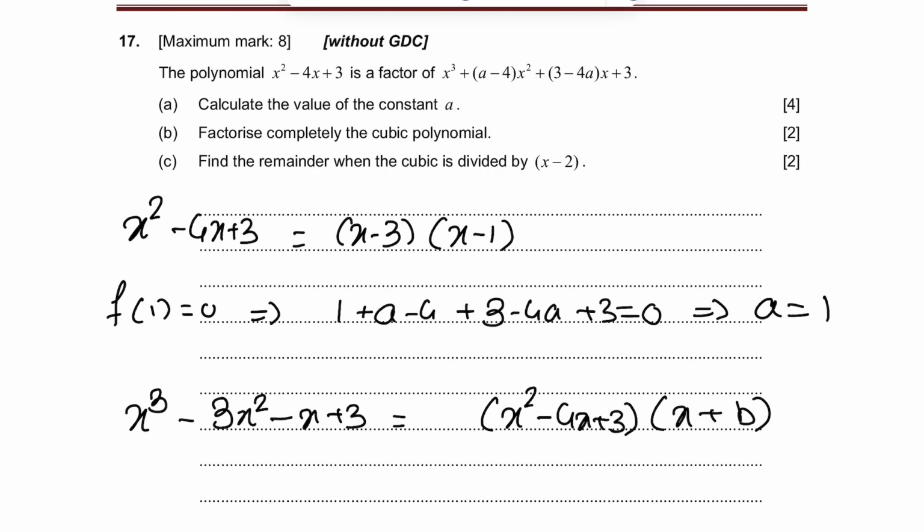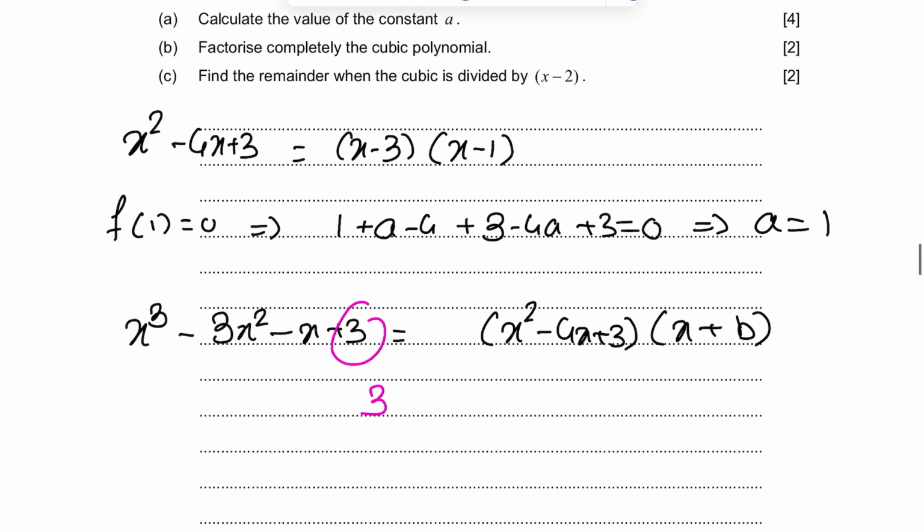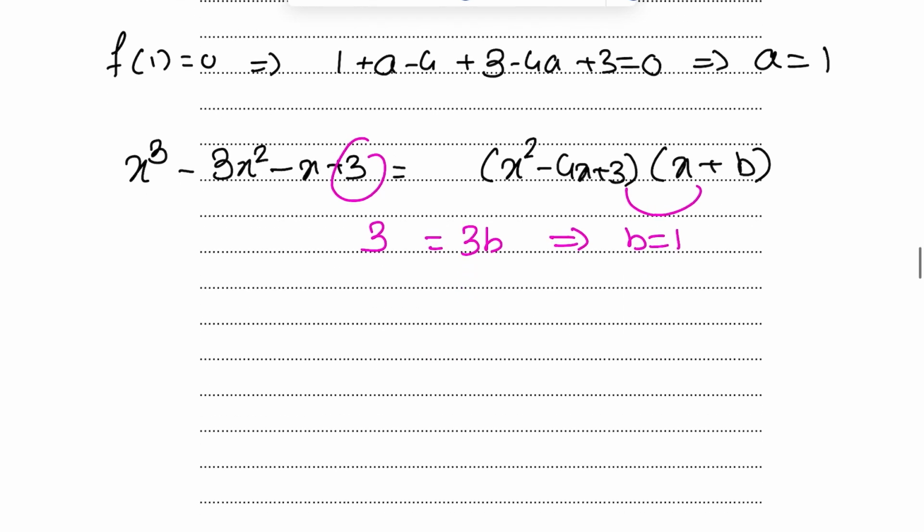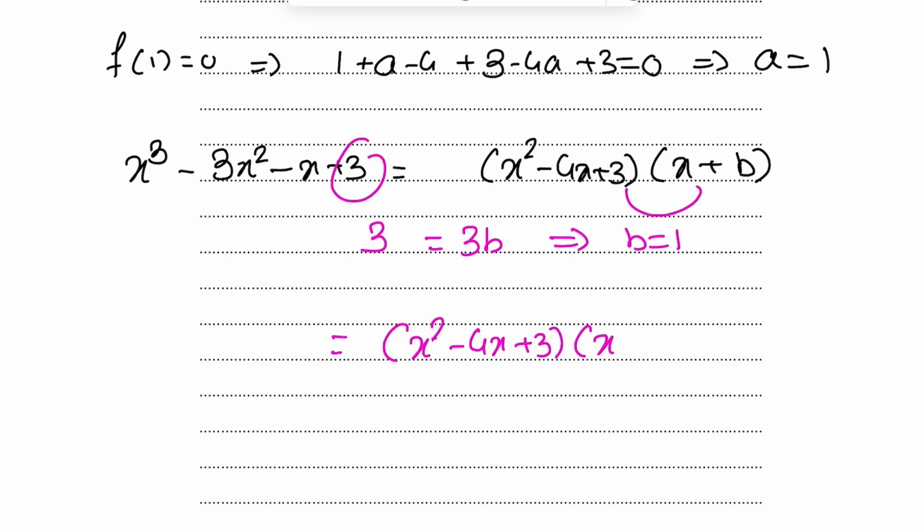So I take the constants. What are the constants? 3. And what is the constant over here? 3b. So what does b become? b equals 1. So what is the factorization now? It becomes x square minus 4x plus 3 times x plus 1 as the factors.